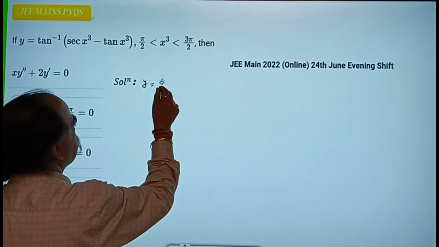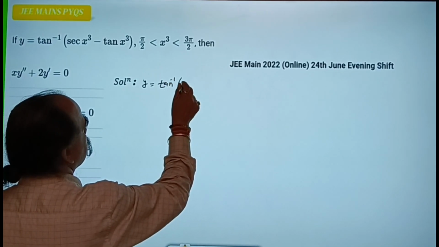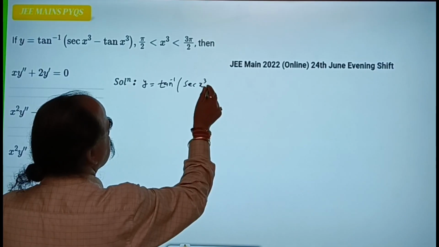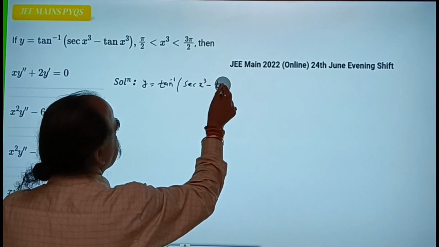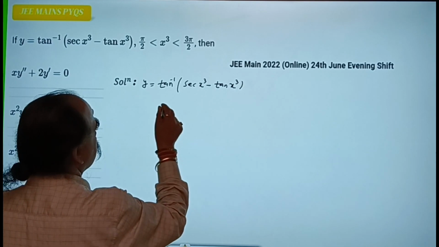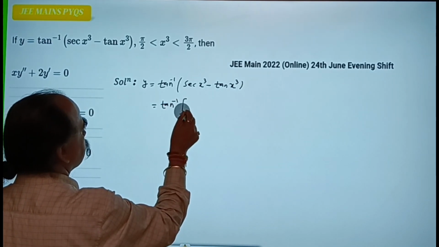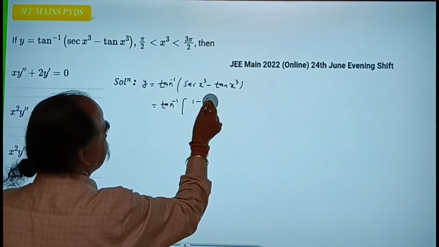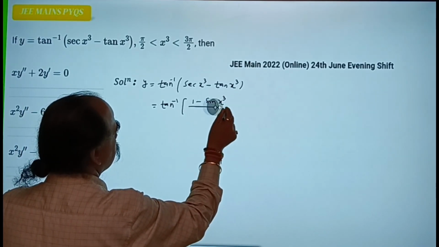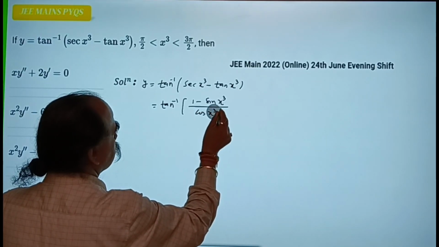y is equal to tan inverse of sec x cube minus tan x cube, which is tan inverse of (1 minus sin x cube) upon cos x cube.